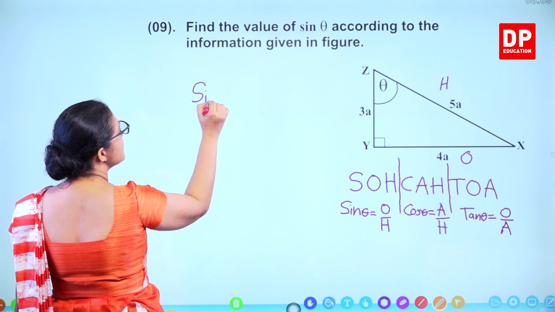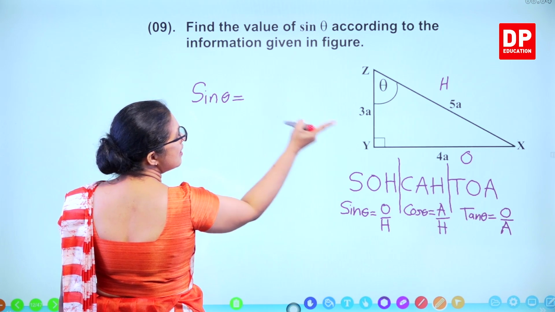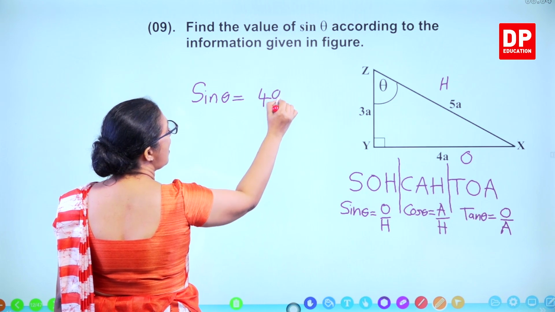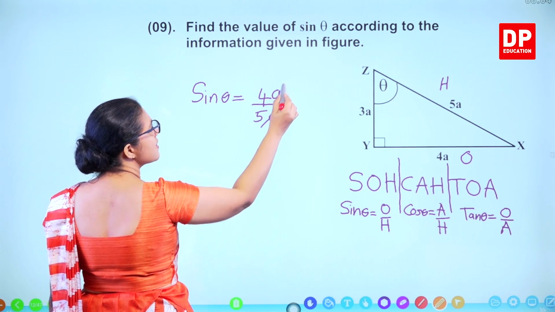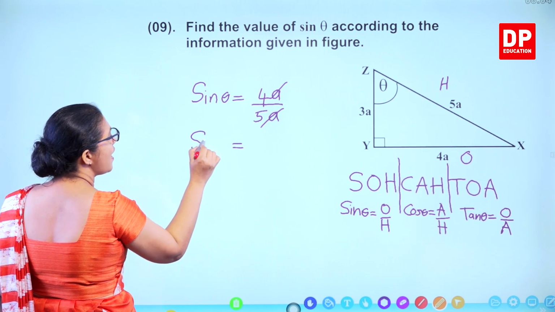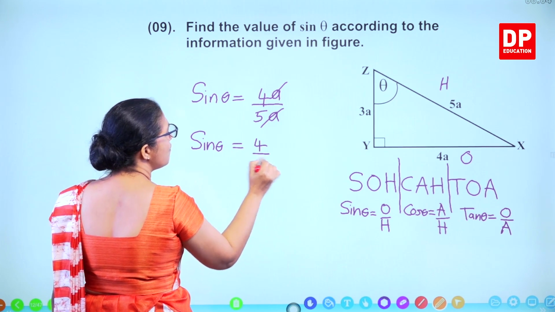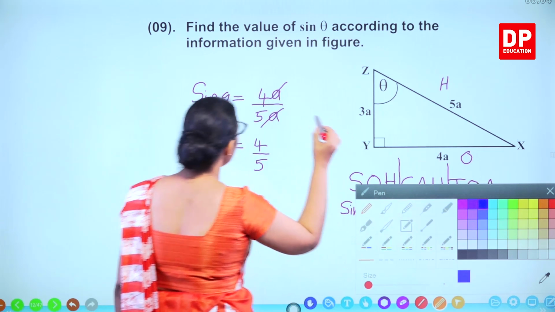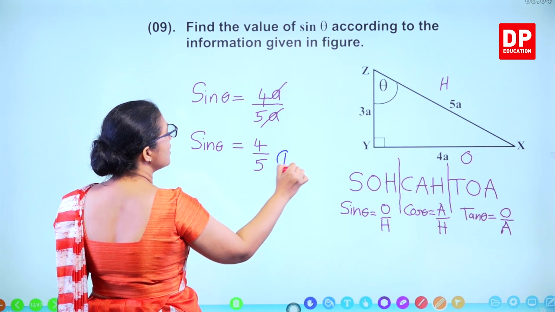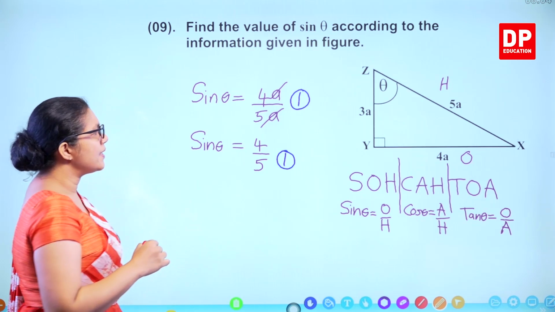So sine theta is equal to opposite 4a over hypotenuse 5a. So a gets cancelled out. So the value of sine theta is 4 over 5. So you get 1 mark for the simplified answer and 1 mark for the method.